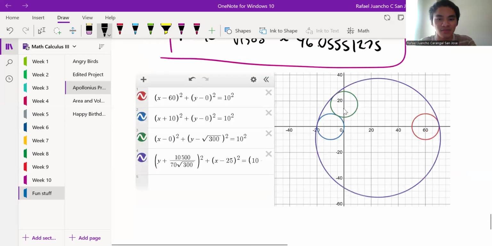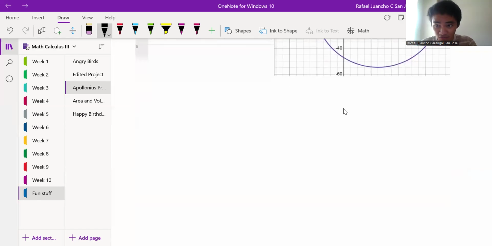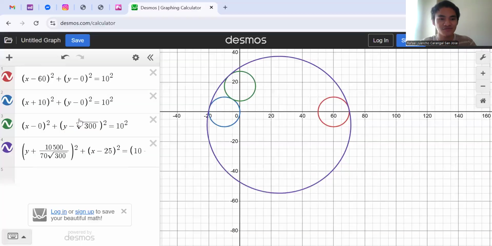Okay, let's try another example here. What if, let me go to my share. This one I'm just going to pick at random.